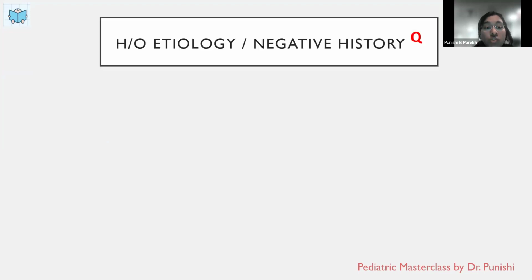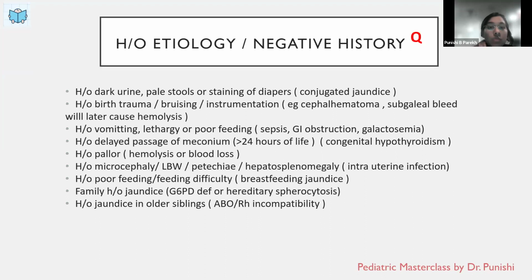Okay. So history of etiology, first question is whether there is history of dark urine, pale colored stools, or staining of diaper. Now all of these point towards conjugated jaundice. So when you have conjugated jaundice or obstructive jaundice, as we commonly refer to it, usually conjugated jaundice is because of surgical or obstructive causes.